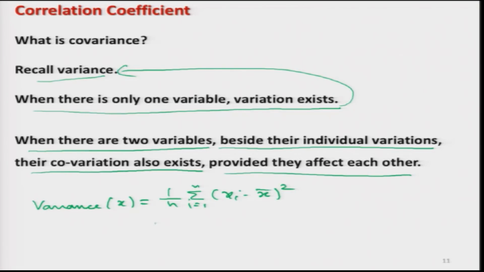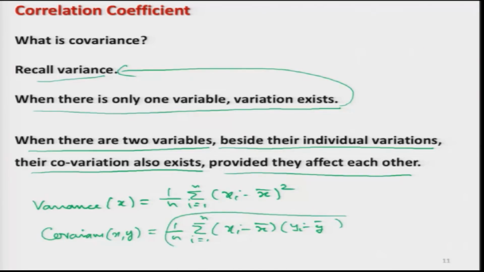Similarly, we try to write this function as i goes from 1 to n, xi minus x bar, and the other xi minus x bar will be replaced by yi minus y bar, and this will be the quantity that measures the covariation between x and y.